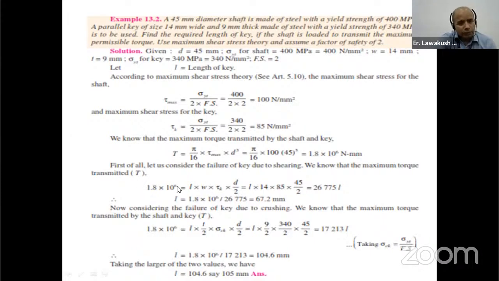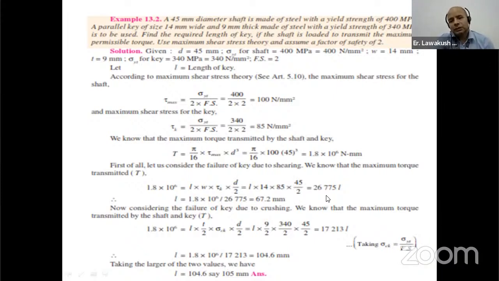We will put the value of capital T as 1.8 into 10 power 6, equal to L, which we have assumed as the length of the key, into the value of w as 14 millimeter, and tau k, which we have calculated earlier as 85 Newton per millimeter square, into the diameter of the shaft as 45 millimeter, divided by 2.